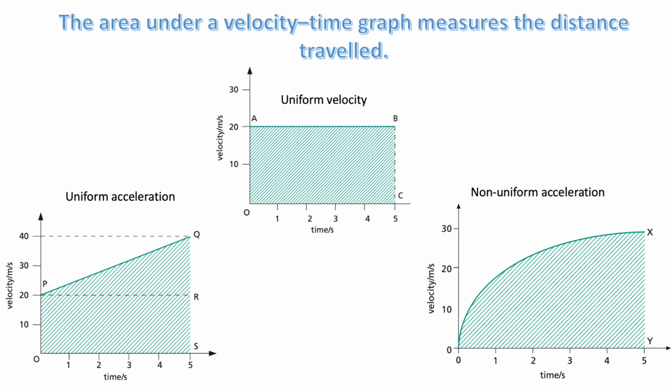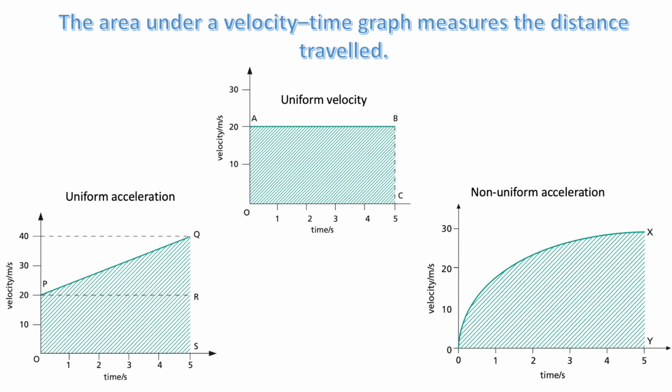Now look at the graph. Time is plotted along the x-axis and velocity along the y-axis. At time equal to 0, velocity is 20 meter per second. After 2 seconds or 3 seconds, you can see the same velocity. So if there is no acceleration, displacement is velocity times time.